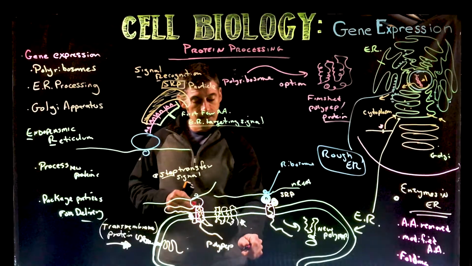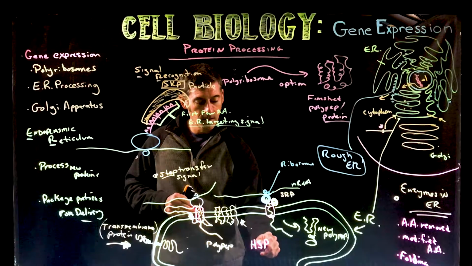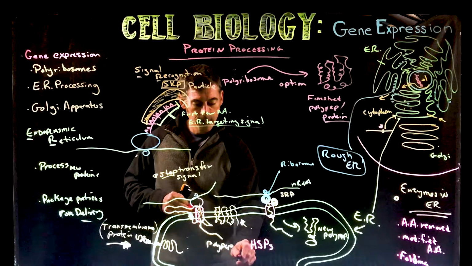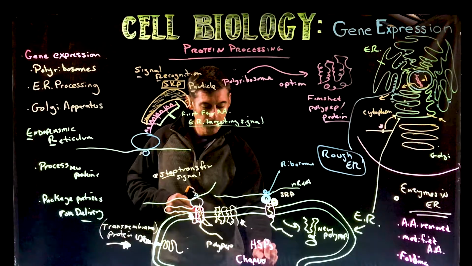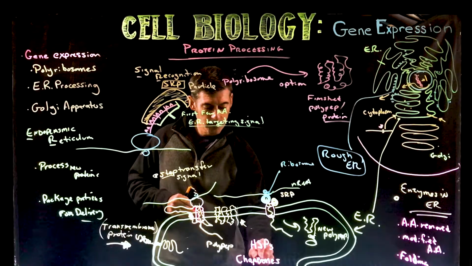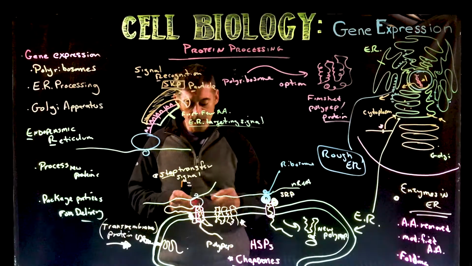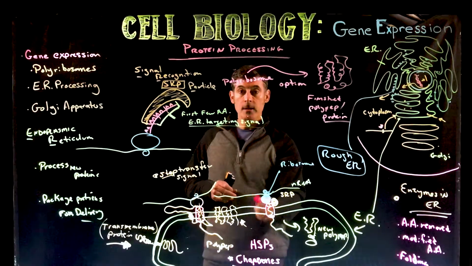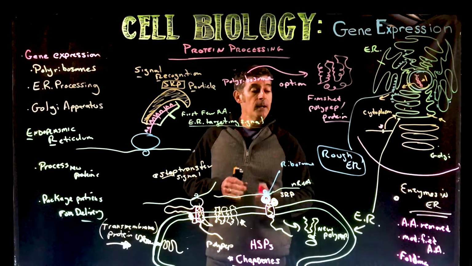So here inside the ER, we often have another group of proteins called HSPs, also referred to as chaperones. In our case, we're going to refer to them more as the chaperones. Now, HSP stands for heat shock protein, and this is more how they were discovered.